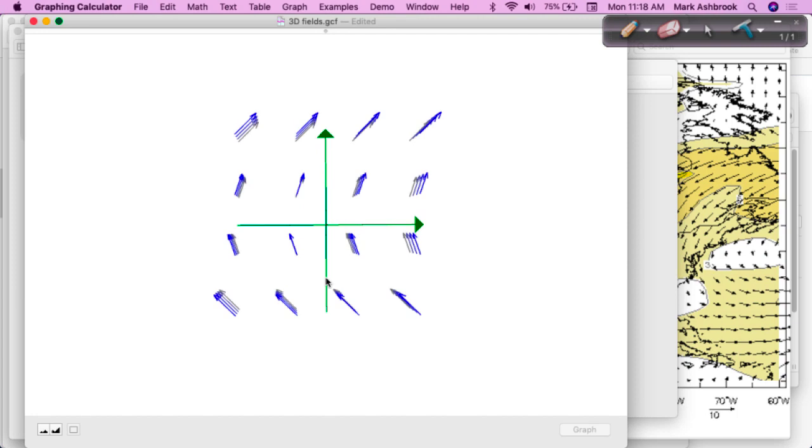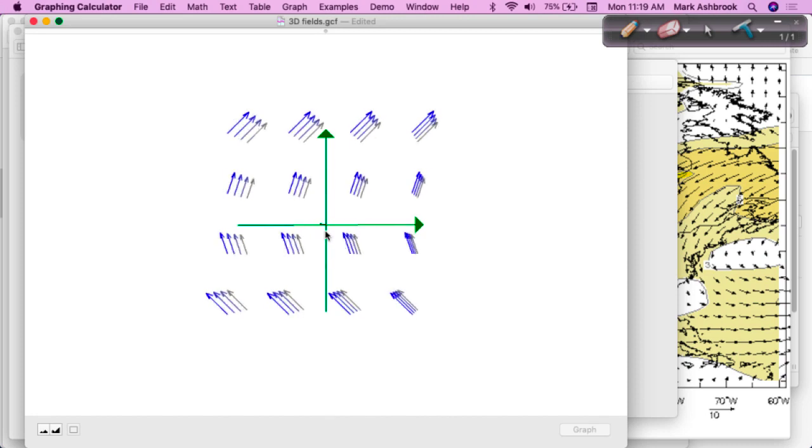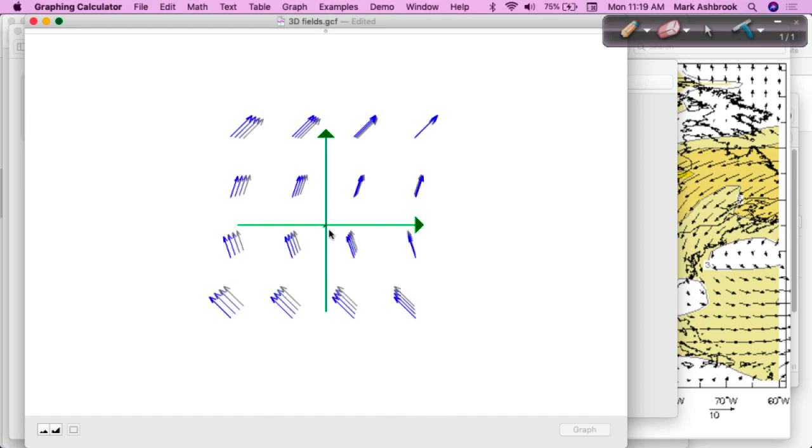X is to the right, Y is up now, and Z is coming at you. Okay, so there's the XY plane.